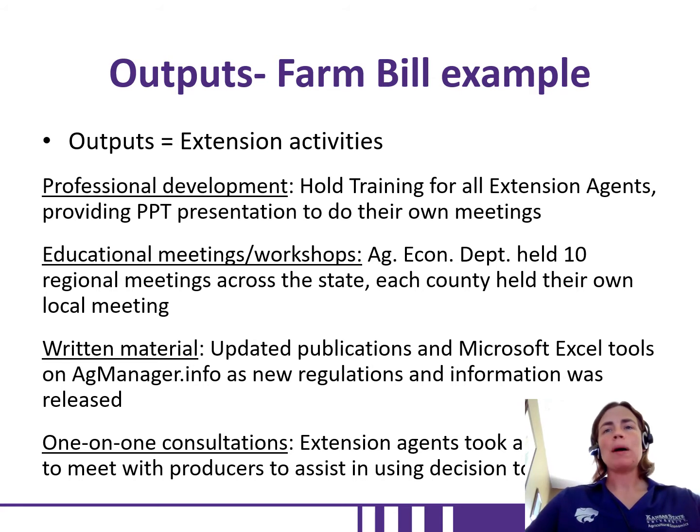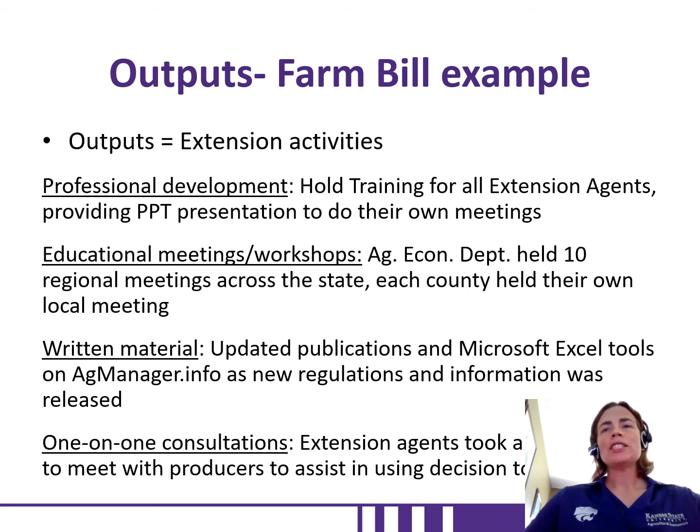So this is a big decision because farmers typically have to make this decision before they harvest their crop or know what the marketing year average price is going to be for their commodities. So a big extension effort is done every 4 years to help producers make this decision.